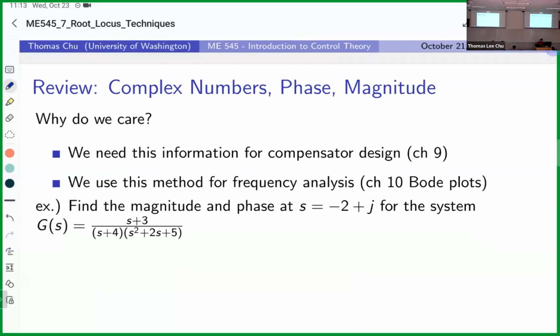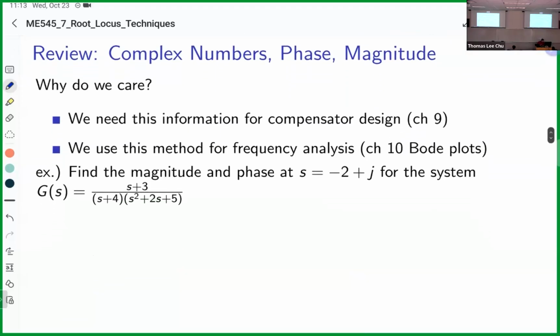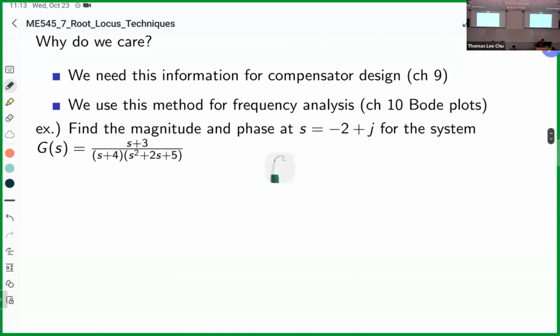I think we'll finish that today. So we're going to finish this example. First thing I'm going to do is factorize this polynomial, S squared plus 2S plus 5. It's going to be a pair of complex conjugate poles.